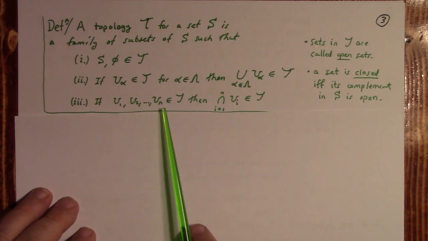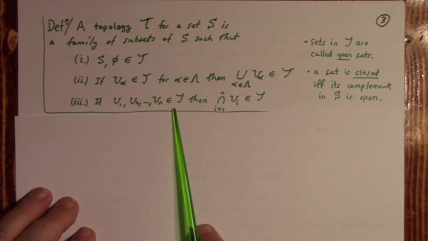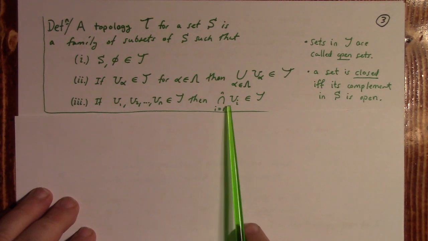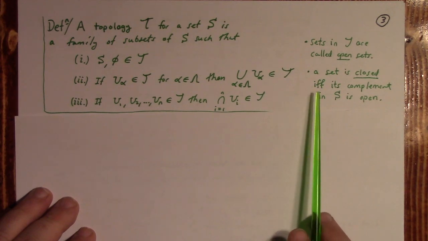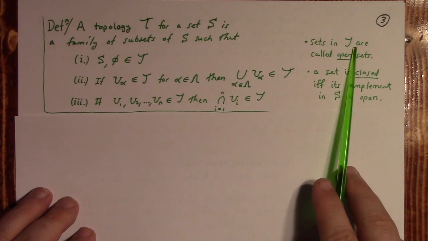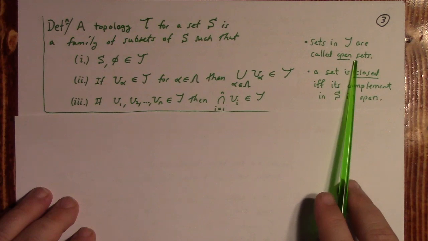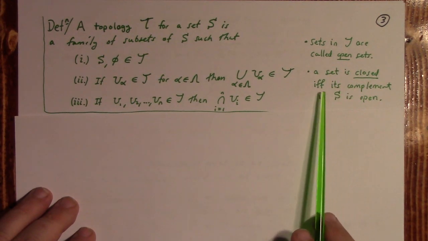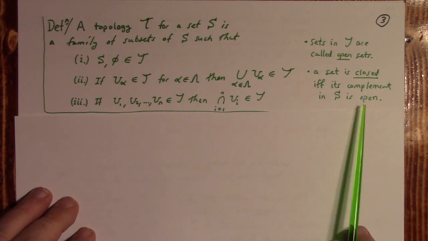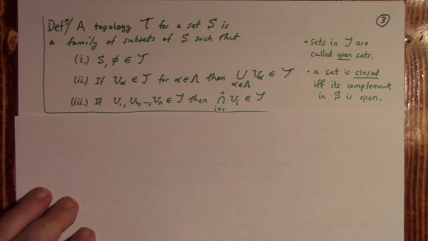And if you have any finite collection of sets in the topology, then that finite intersection is again in the topology. By definition, the sets which are in the topology are called open sets. And we say a set is closed if and only if its complement in S is open. All right, so this is the definition of topology.